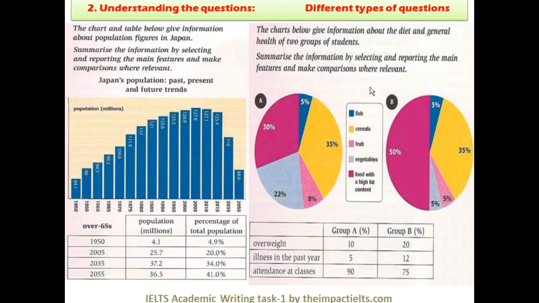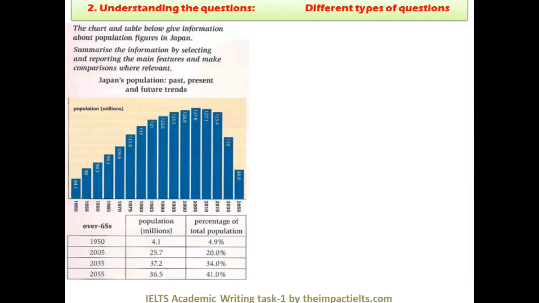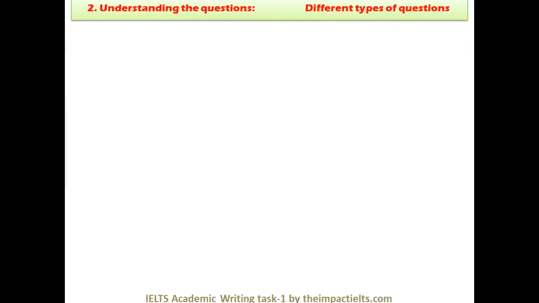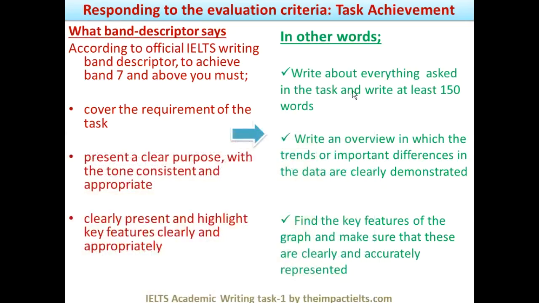Now if you have got one picture, as we have here, you just have to describe that particular picture. But if you have got two pictures, you need to summarize both of them, and wherever comparison is relevant, you can compare them as well. So that was responding to task one.